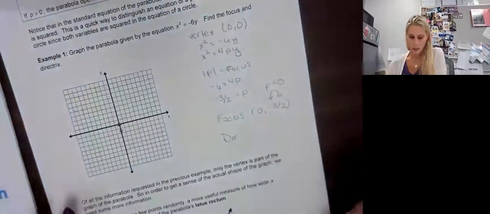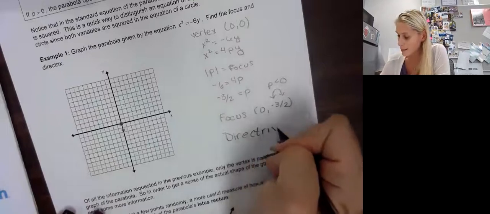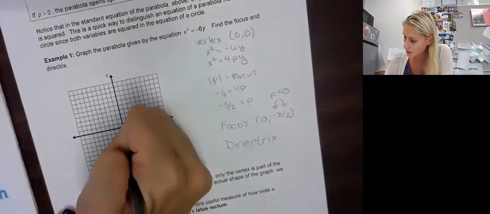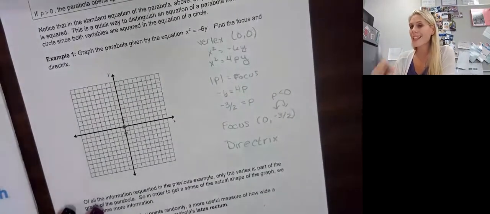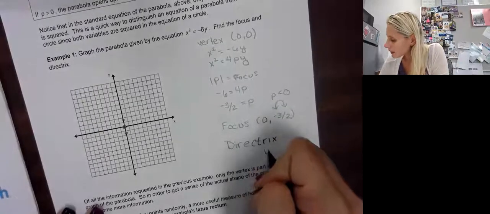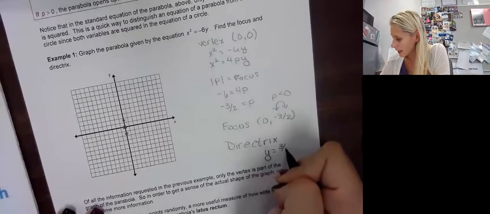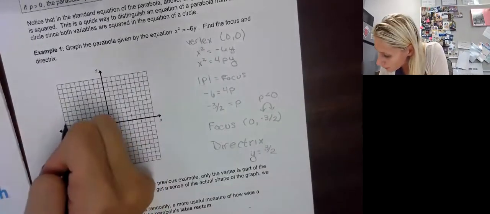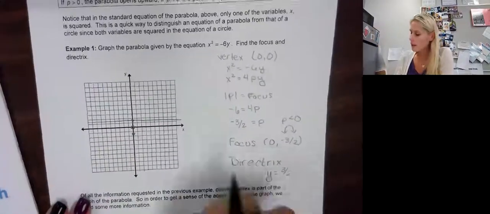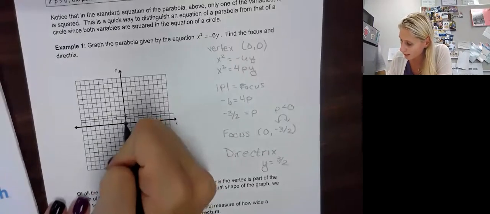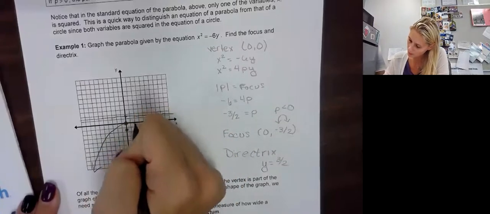Directrix is the same distance away. So the directrix would be 3 halves. Now let's keep in mind that the directrix is a line. So the directrix is equal to y equals 3 halves because it's on the other side. So the directrix is this line. The vertex is here, the focus is here, and then we know that we open this way.